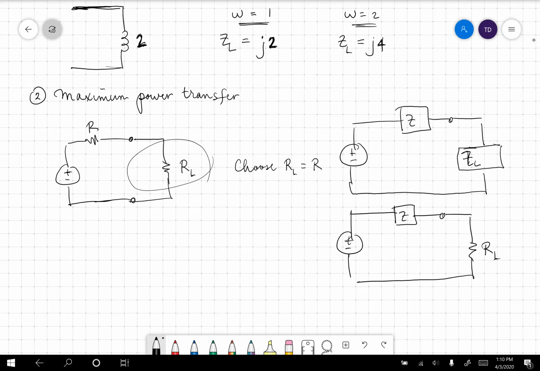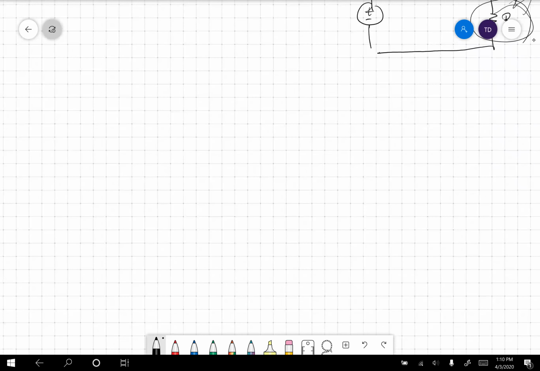I just want it to be a resistor, or I let it be a completely complex impedance. How do we select either of those to dissipate the maximum amount of power in here or in here? Don't answer the question. We'll figure that out later. So there is a variation to that. Otherwise, the concepts are all the same.